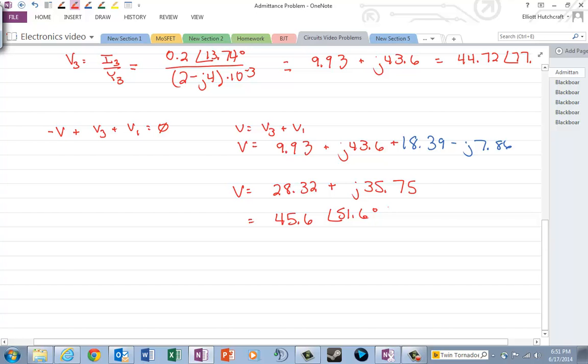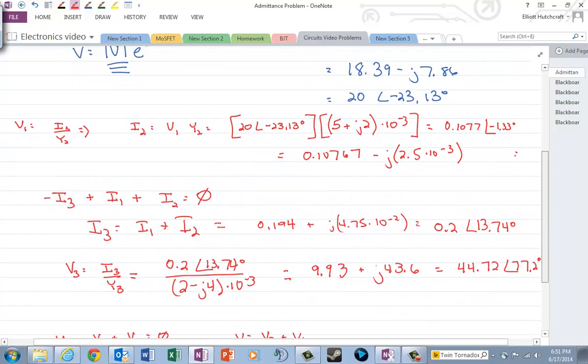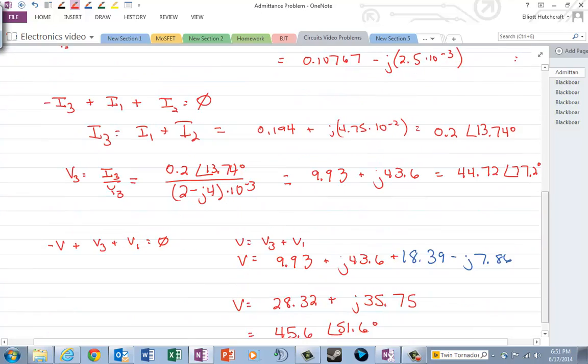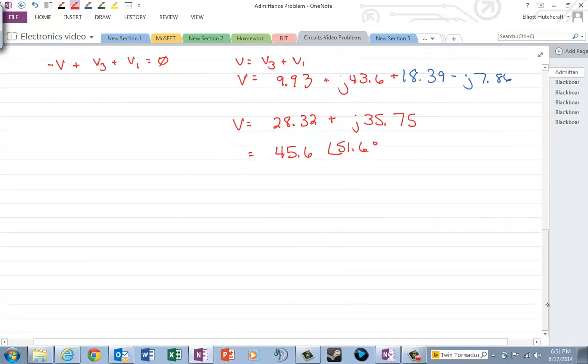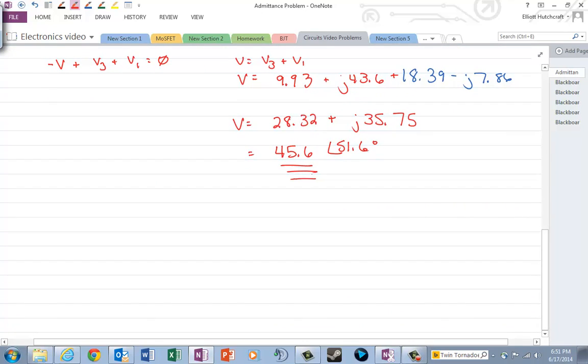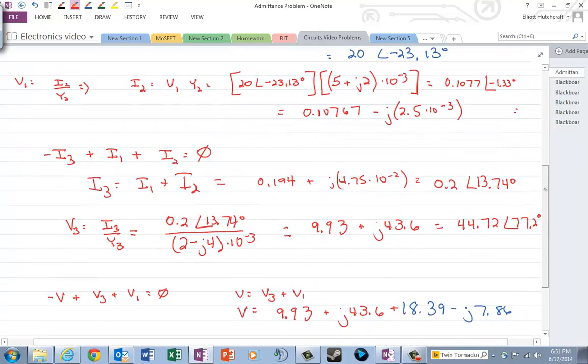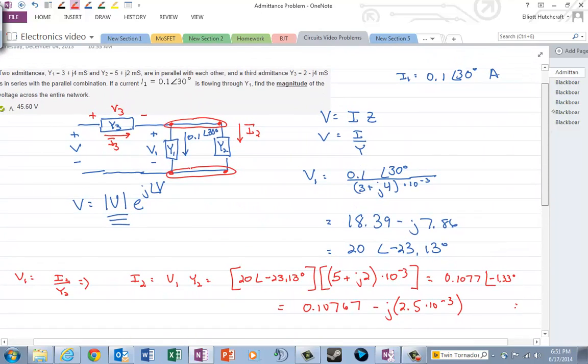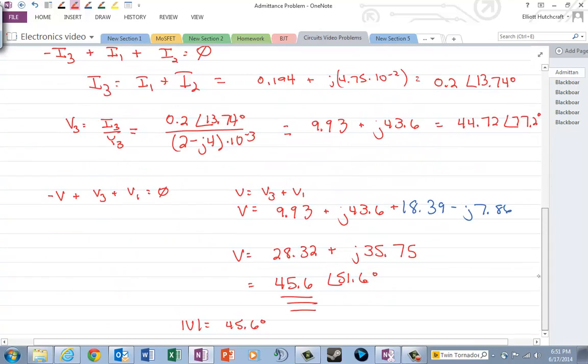Okay, so for this problem they wanted to know the magnitude of V, and it's 45.6 degrees. So the magnitude of V is 45.6 degrees. And notice, what's the answer? 45.6 volts. I said degrees, excuse me. I don't know where I got that from. Volts.